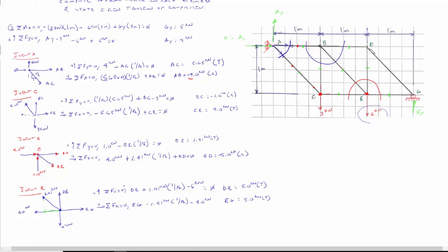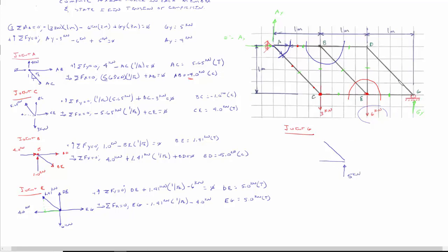Now I could do joint D or I could do joint G, which I'm going to choose. Let's do joint G. I'm going to draw it out. We computed Gy up here as 5 kilonewtons.